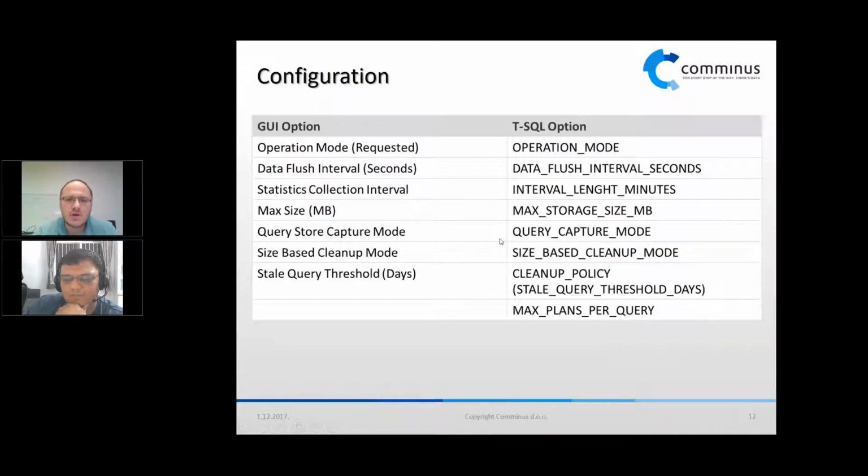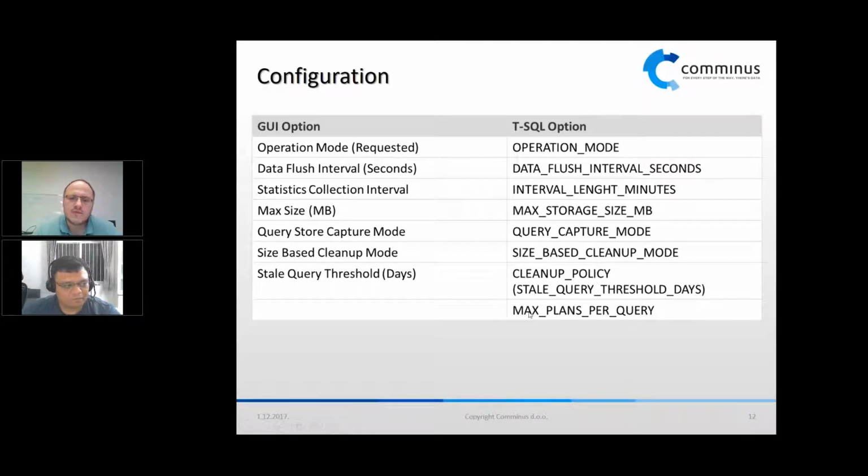These are the configuration options that are configurable by you. All of them are configurable by T-SQL options, and the only one that is not configurable by the GUI is max plans per query, the last one.